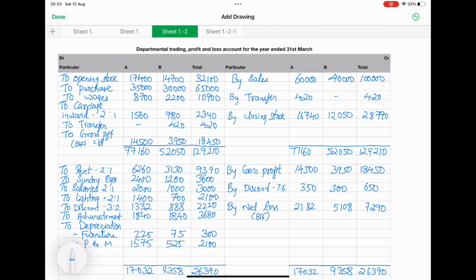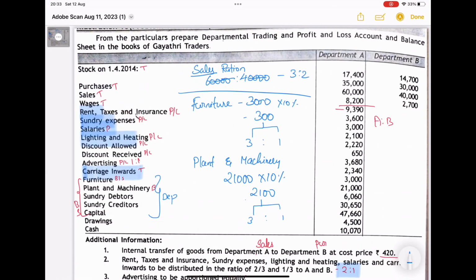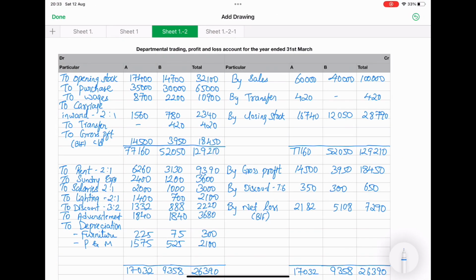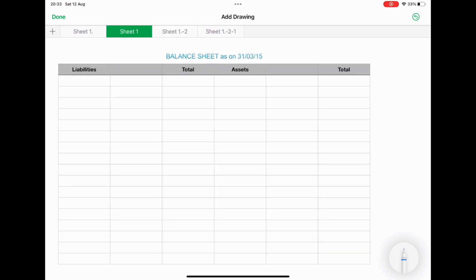Okay, next we are going to calculate the balance sheet. In the question itself they asked us to prepare the P&L and balance sheet. So this is the format of the P&L. Let's calculate the balance sheet now. Balance sheet as on 31st March 2015.